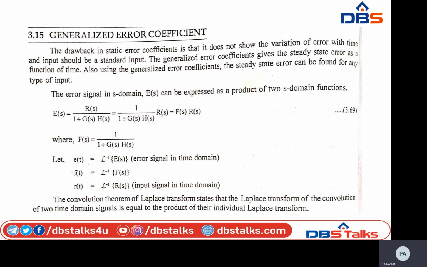So convolution of the time domain functions means integral minus infinity to infinity F of T into R of T minus tau into dt. See, this is the property of convolution from the convolution theorem.